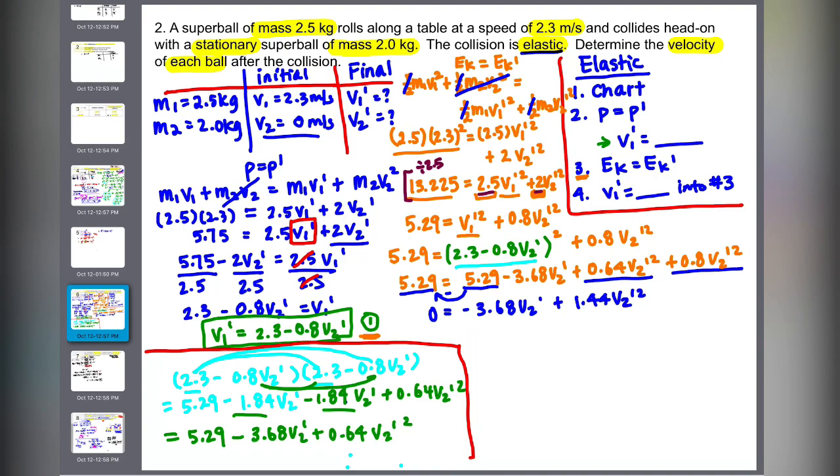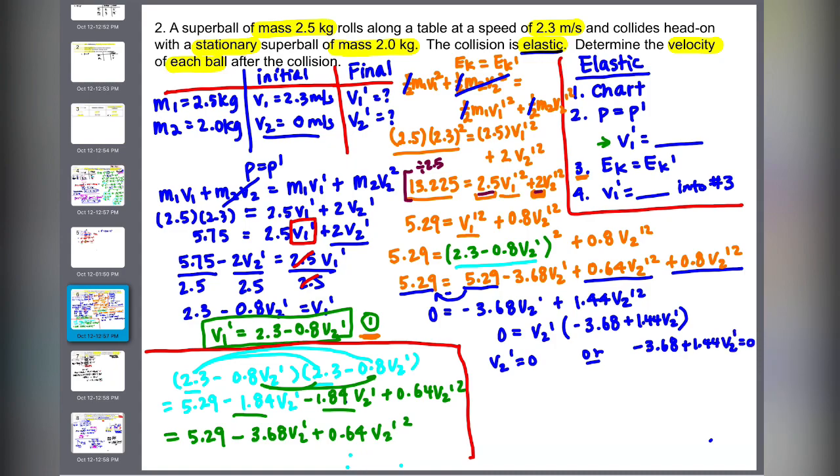Factor out your v2. So 0 equals v2 prime. I'm going to factor them out, so I'm left with negative 3.68 adding 1.44 v2 prime. Therefore, v2 prime is equal to 0, or negative 3.68 plus 1.44 v2 prime is 0.